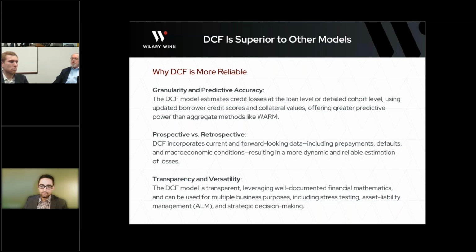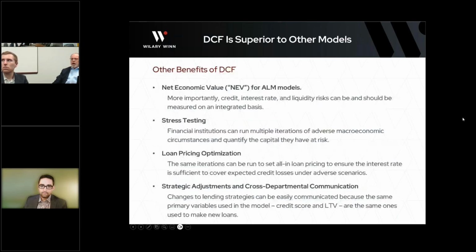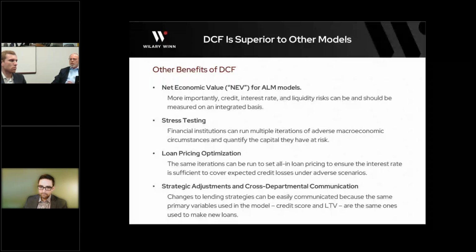So what can you use a discounted cash flow model for, in addition to just calculating a CECL reserve? You can incorporate it into ALM modeling, which is what we do, so your NEV in the base case scenario is CECL. You can use it to stress test. I can say the unemployment rate moves from where it is today to double or triple, and ask how much capital do I have at risk?